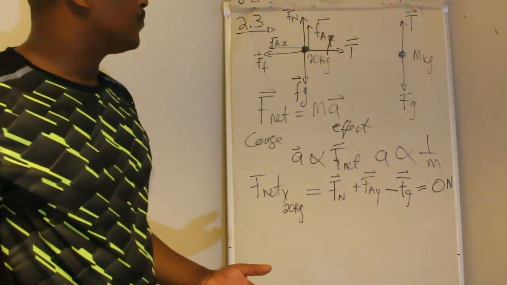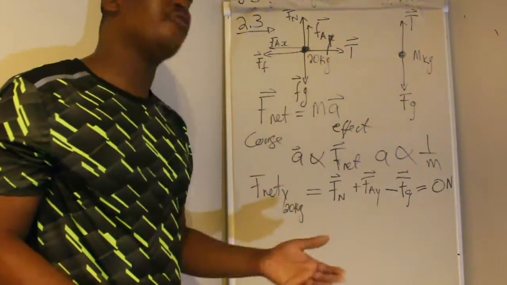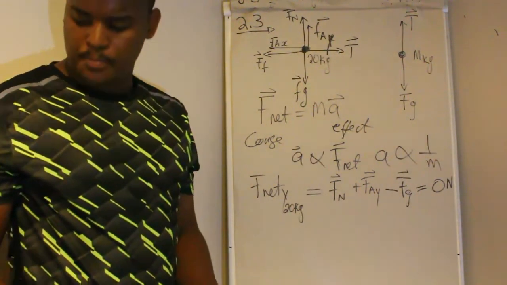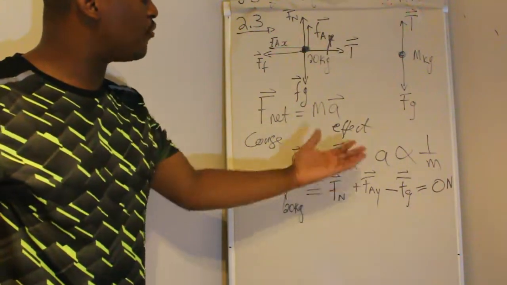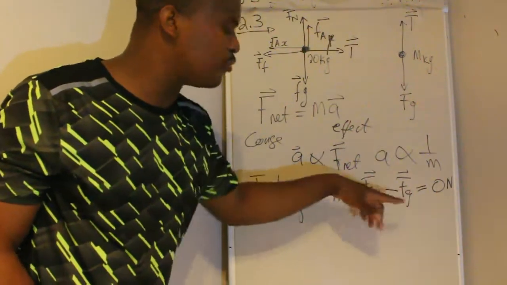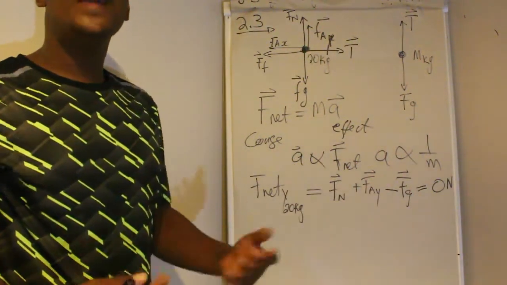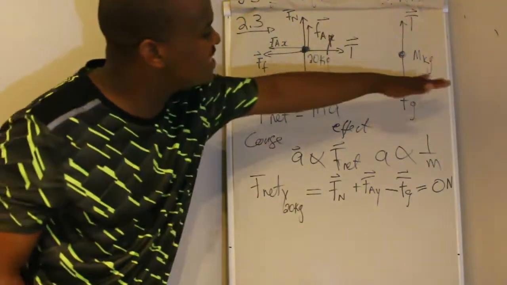So there's no point in using the vertical forces for finding your net force, because if you use your vertical forces to find the net force, they will cancel out. To make things less complex, only use the forces that are in the direction of movement.